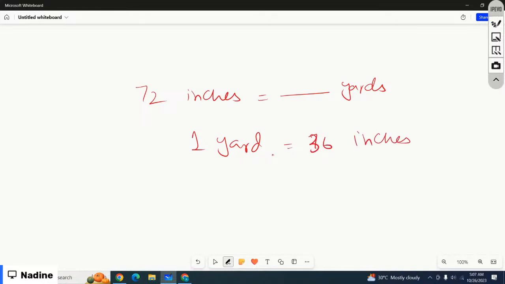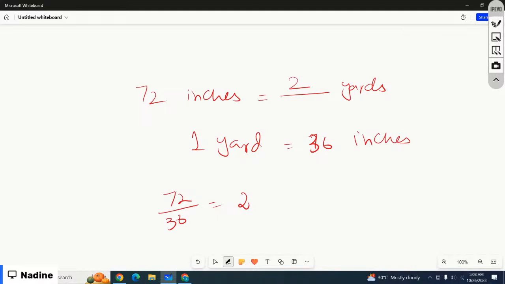In 1 yard you have 36 inches. So that means you have to divide, because you need to convert 72 inches to yards, so you divide 72 by 36. 36 times 2 is 72, so 72 inches equal 2 yards. The correct option is 2.